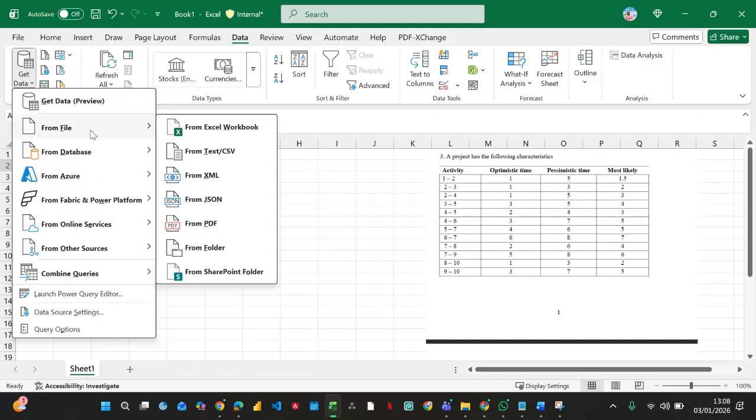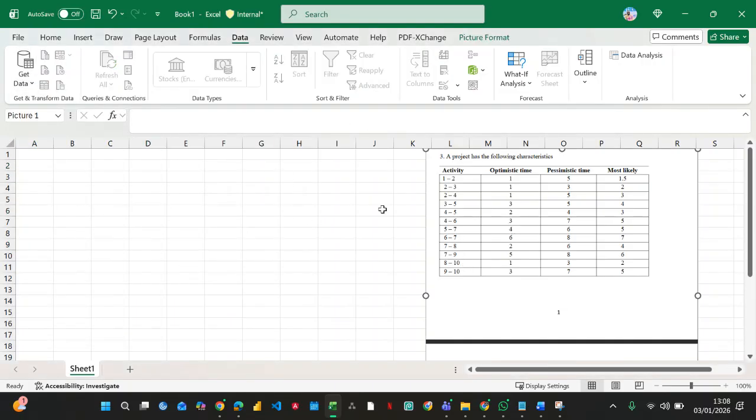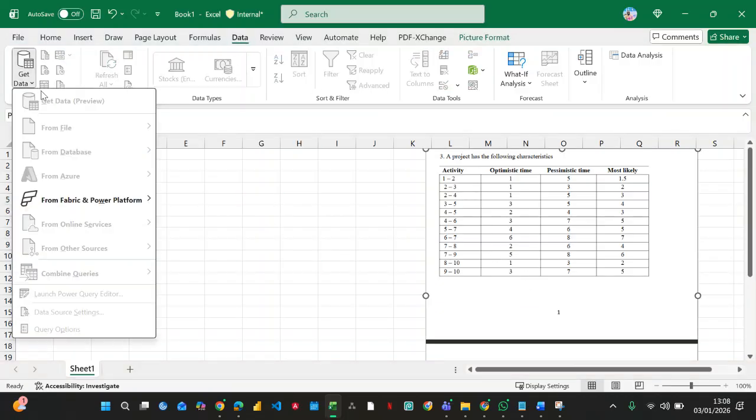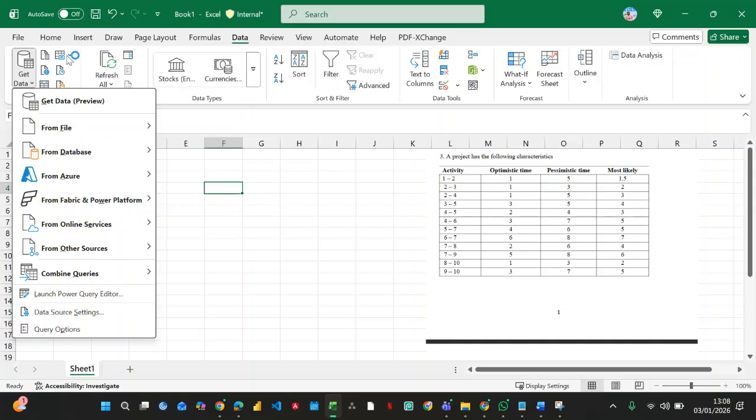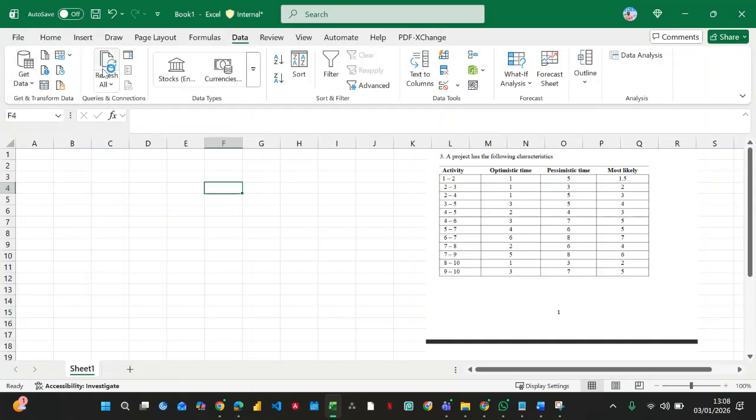I need to convert this to real data so that I can use it. Convert, get from picture.